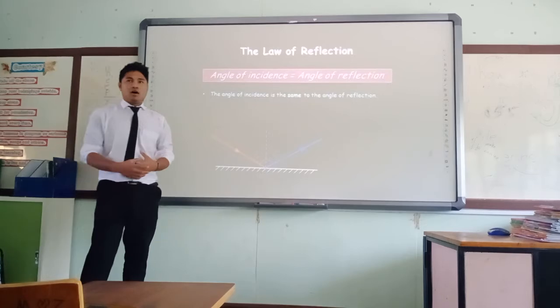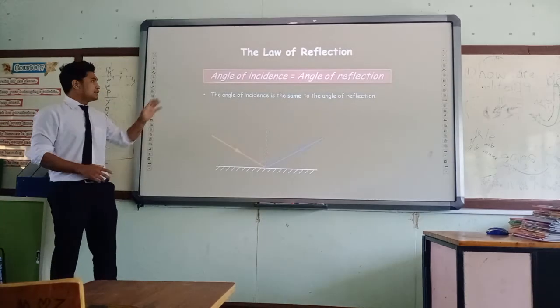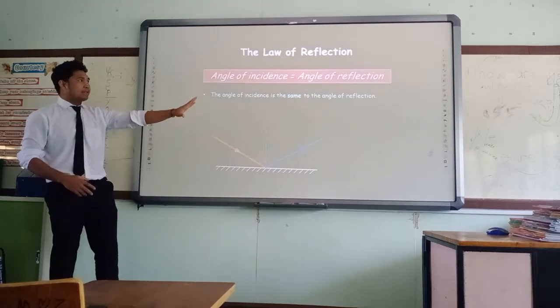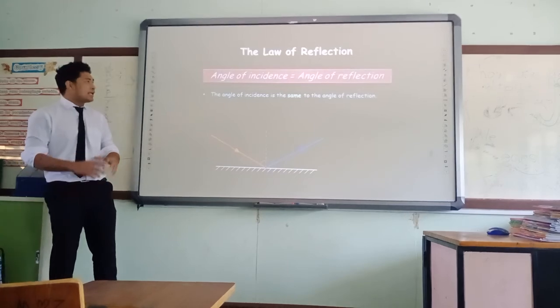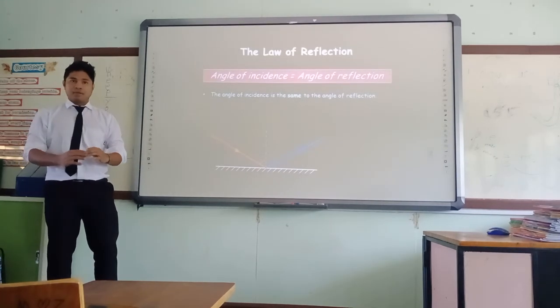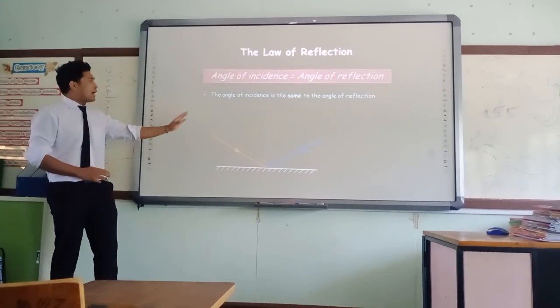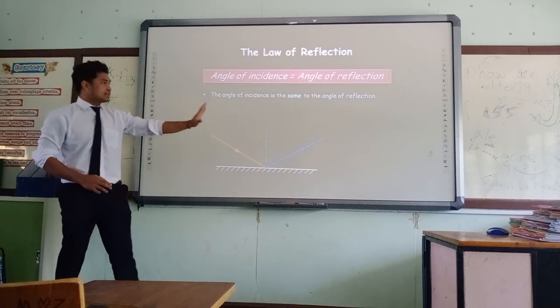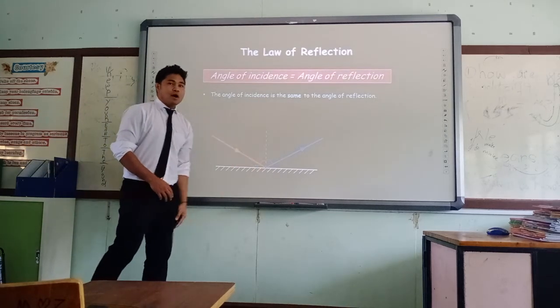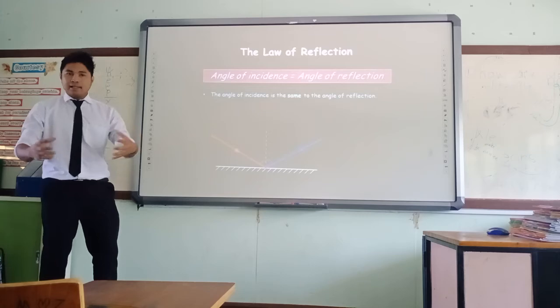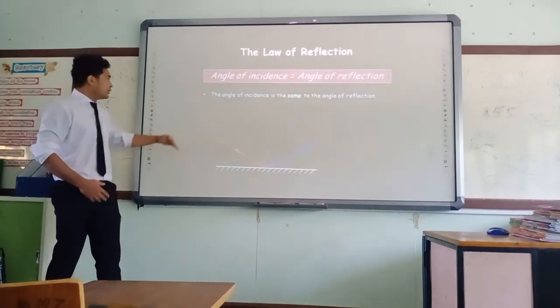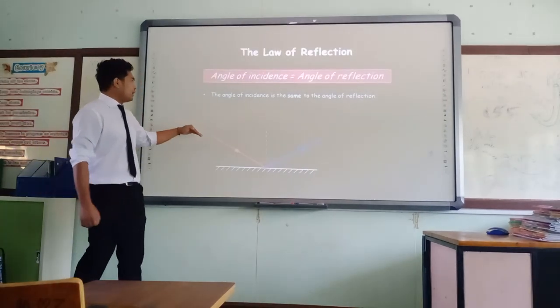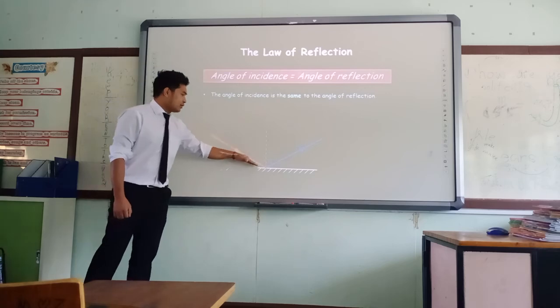This is the law of reflection. The angle of incidence and the angle of reflection are equal, they are the same. The angle of incidence is the same as the angle of reflection. Look at this illustration. This is the angle of incidence.